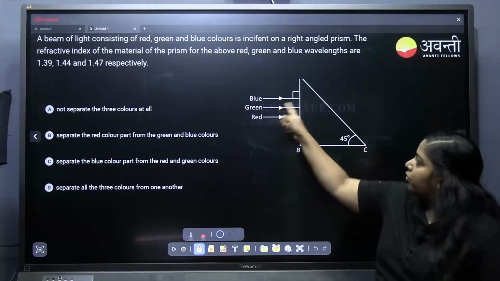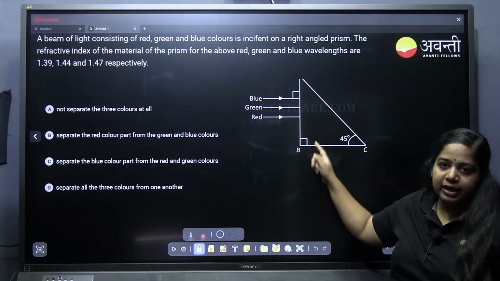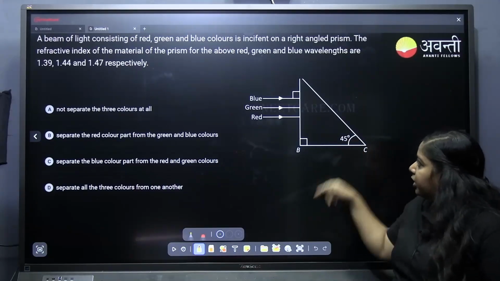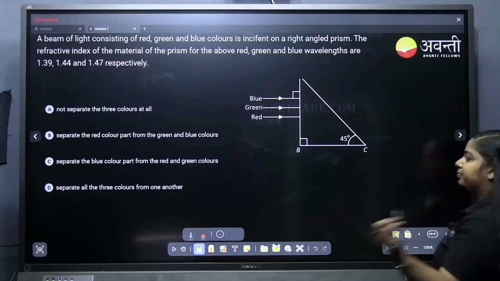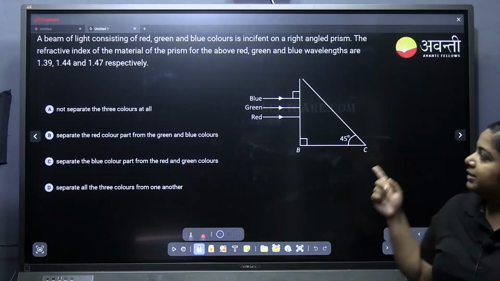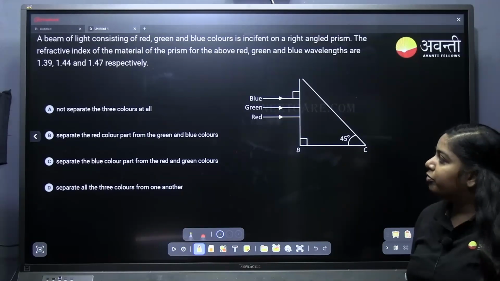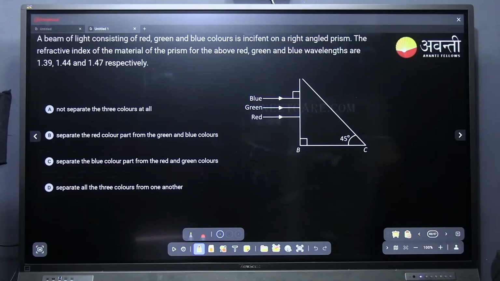So all of them are incident at right angles, meaning perpendicularly, normally to the surface, and this angle is given as 45 degree. So obviously this angle is also 45 degree. Refractive index is given for each as 1.39, 1.44 and 1.47 respectively.